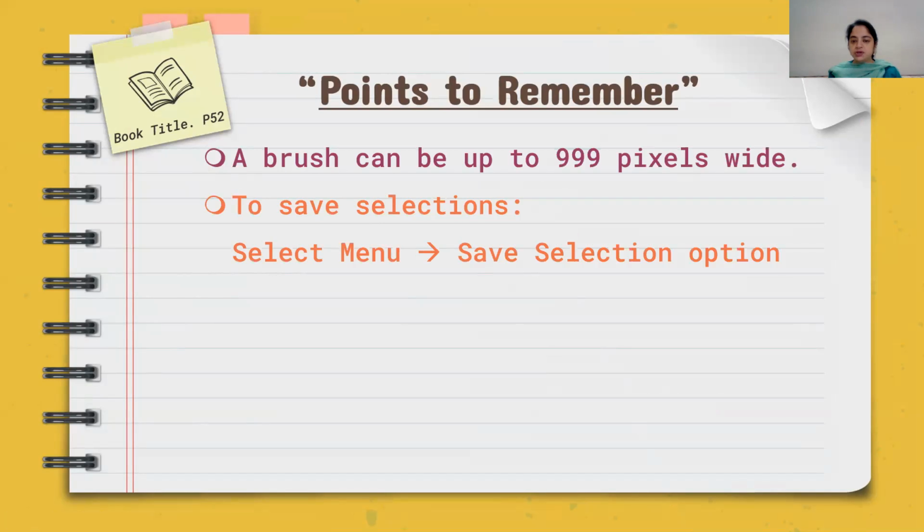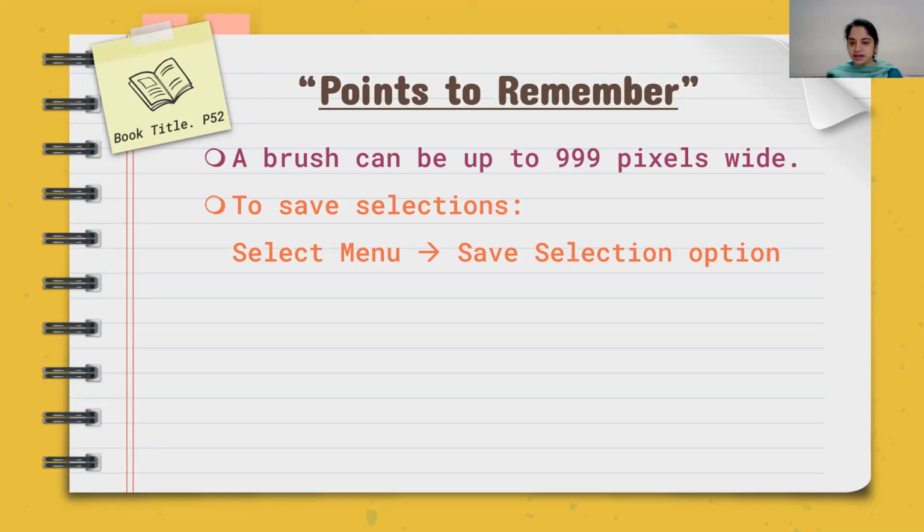Second, again a menu command, how you can save the selection. For example, you had selected some complicated area, okay, and you want to work with it again. So you can save that selected area by using the select menu save selection option.